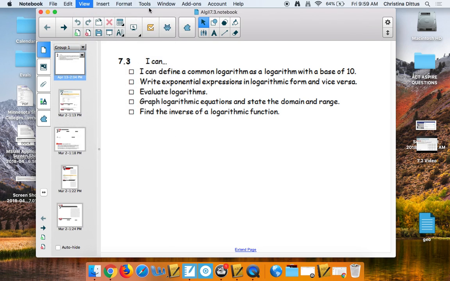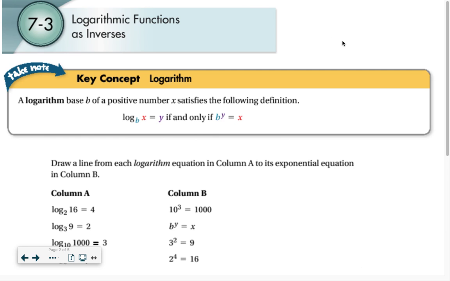Alright, pretty much logarithms are kind of like the opposite of exponents, okay? The biggest, star this, most important thing is this right here. It says our logarithm, we say log for short, of base b of x is y.